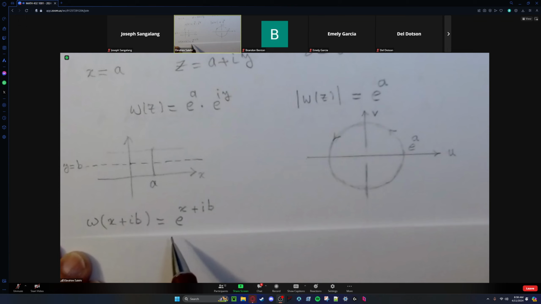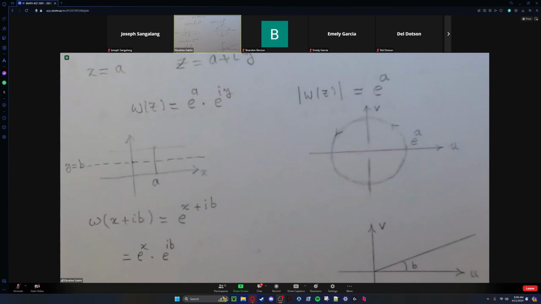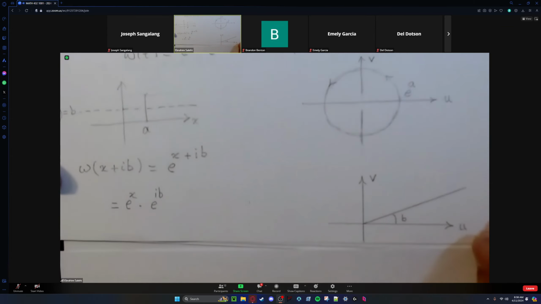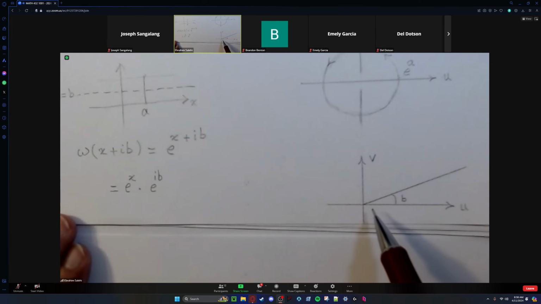And remember, e to the x is never 0, and x goes from negative infinity to infinity. The image will be this ray.